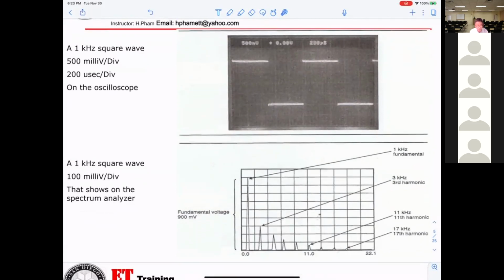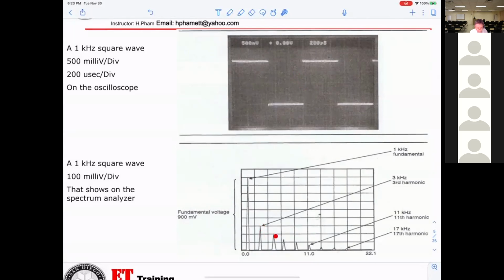So this is a square wave displayed on the oscilloscope. And the same square wave will be displayed on the spectrum analyzer. So the first thing here is the 1 kilohertz fundamental. After that, the third harmonic will be 3 kilohertz.